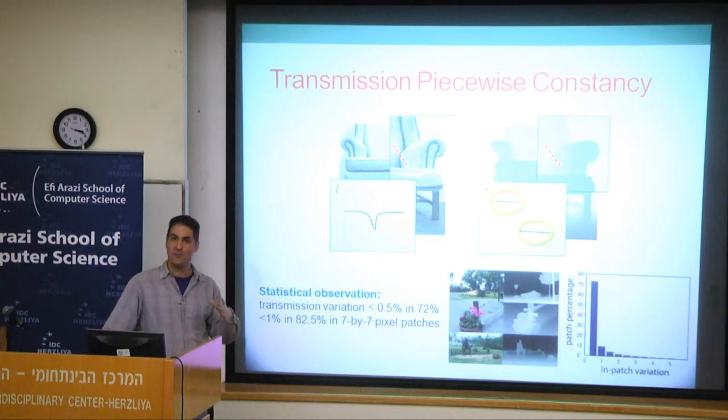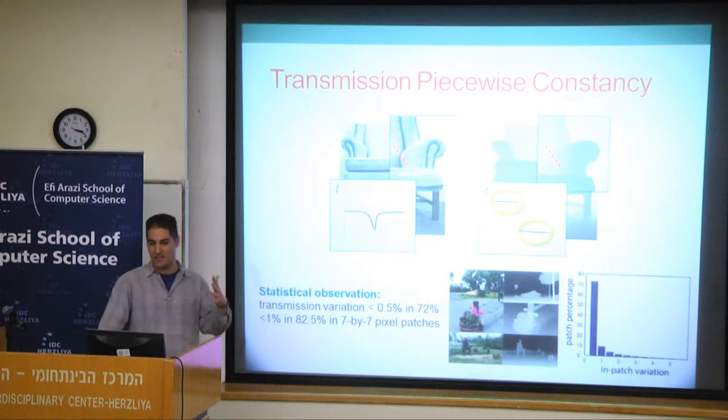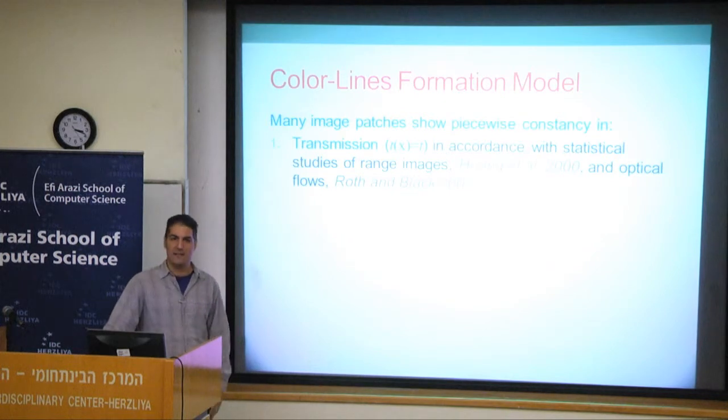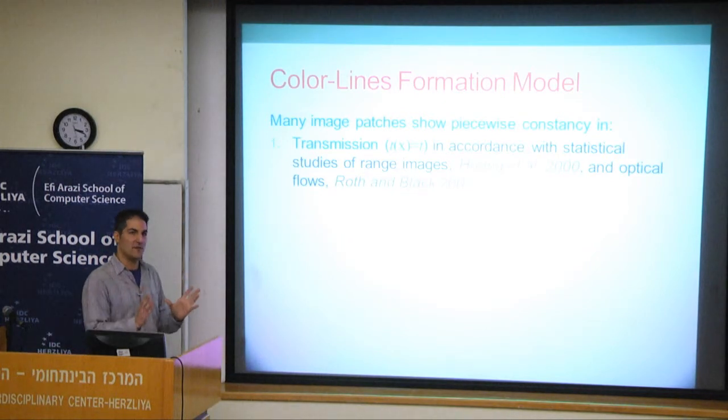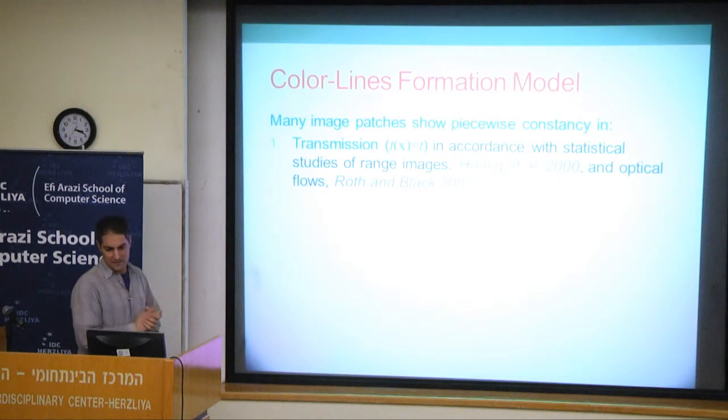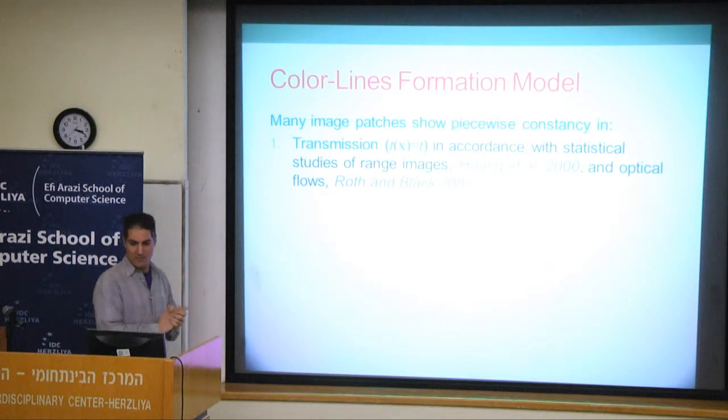So basically, we can assume that the transmission in many patches of the image is roughly constant. So the new method simply assumes that in small patches of the image, the transmission is held constant. This is not the case in every patch in the image, obviously, due to depth discontinuities and so on. But let's assume that many patches do obey it.